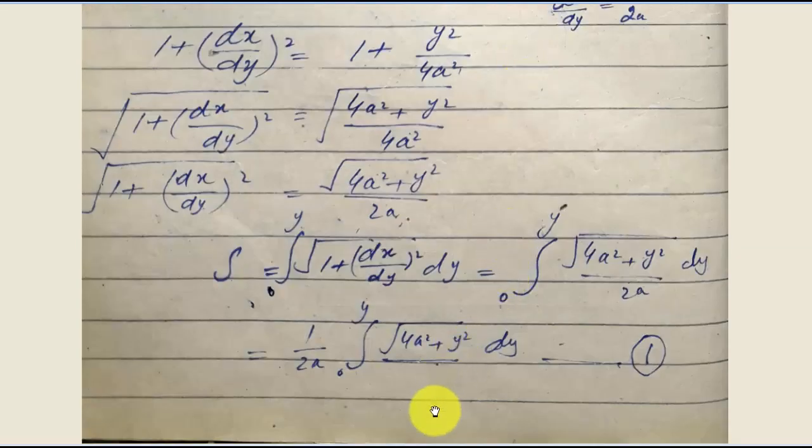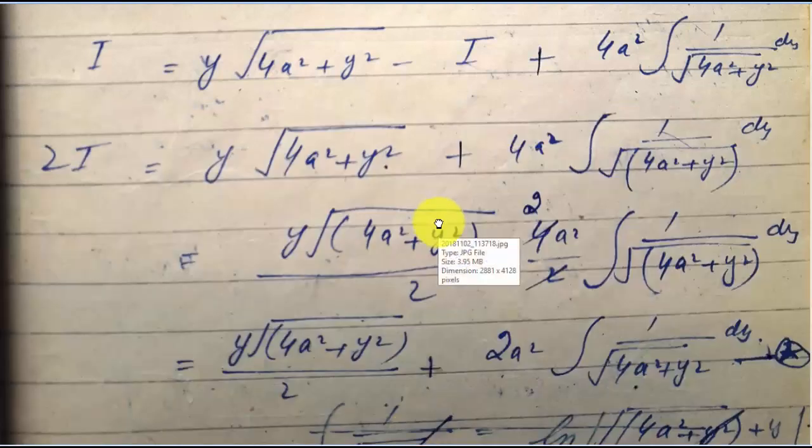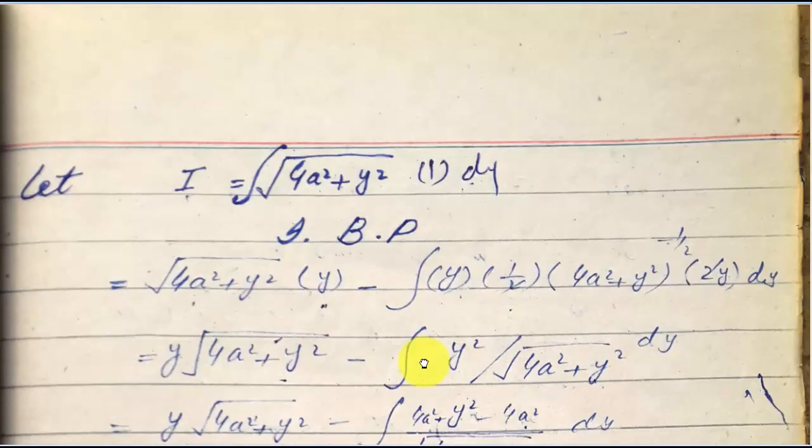Now go further. Let I be the integral of the square root of 4a square plus y square, and put 1 here, dy, integration by parts. We are taking the derivative with respect to y here, not with respect to x. So y stays as it is.